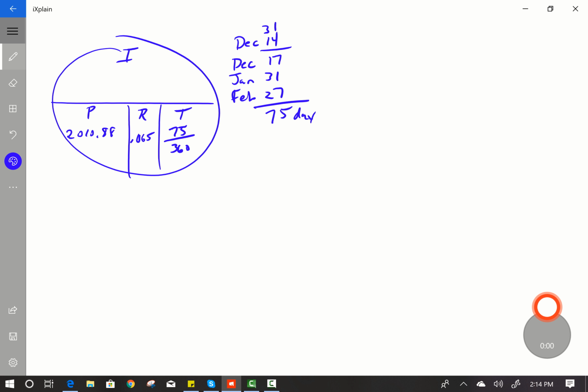So 2010.88 times 0.065 times 75 divided by 360 will give us interest of $27.23. That's the amount of her penalty. Okay, the amount that she has to repay on February the 27th is the maturity value, which is equal to the principal plus the interest. So add the principal to the interest.